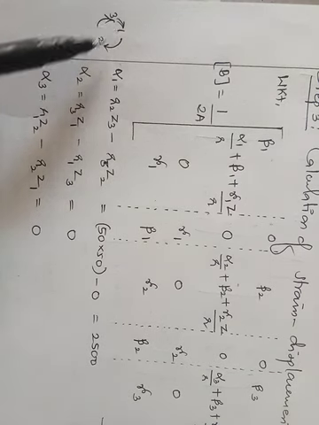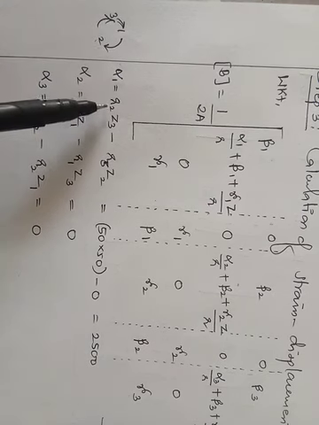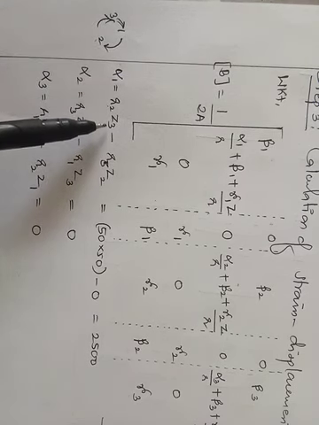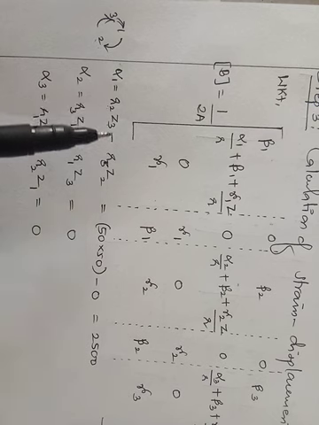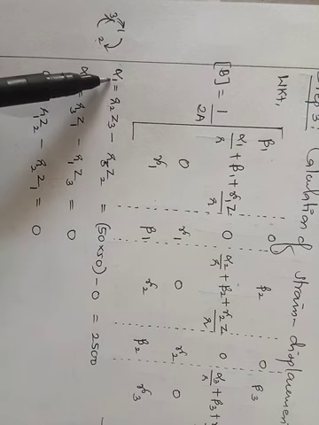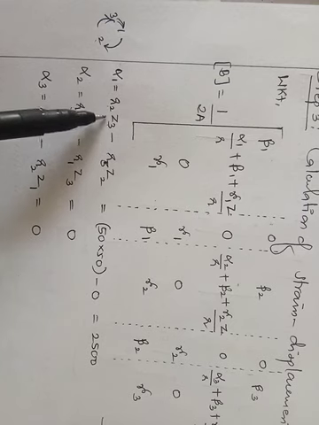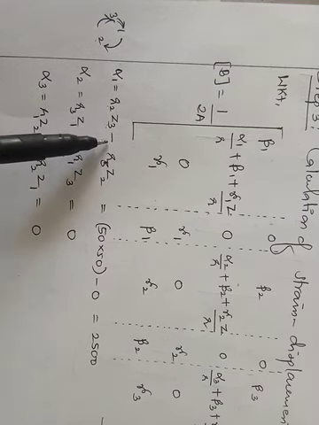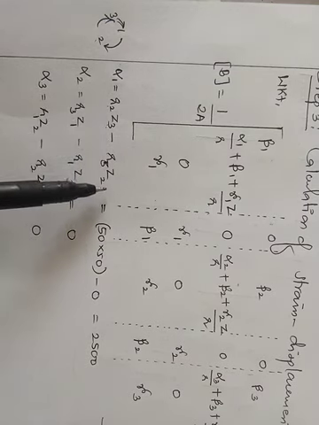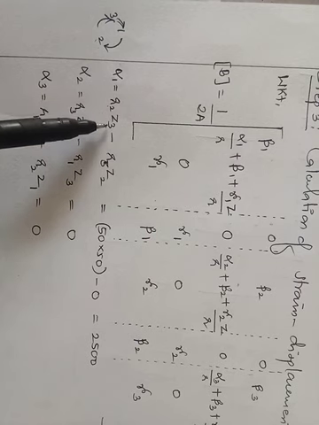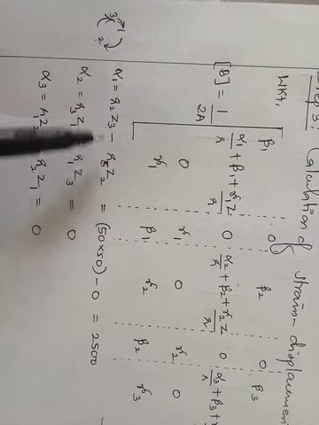The next cyclic terms are 2 and 3. So it is R2 and Z3, minus, and in the second term you need to swap these two subscripts. So it will become R3 and Z2.